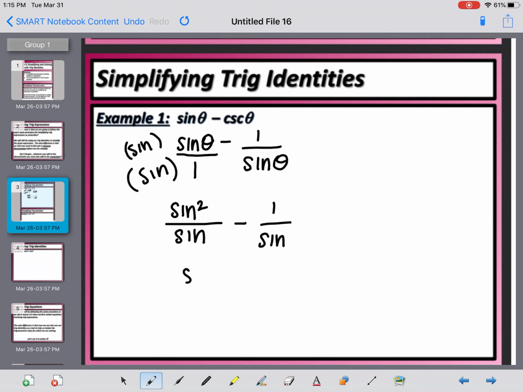Okay, so I can make this sine squared minus 1 over sine. So we want to try and look, is there anything that we could possibly do with this? Well, sine squared minus 1 is not exactly the Pythagorean identity that I need.